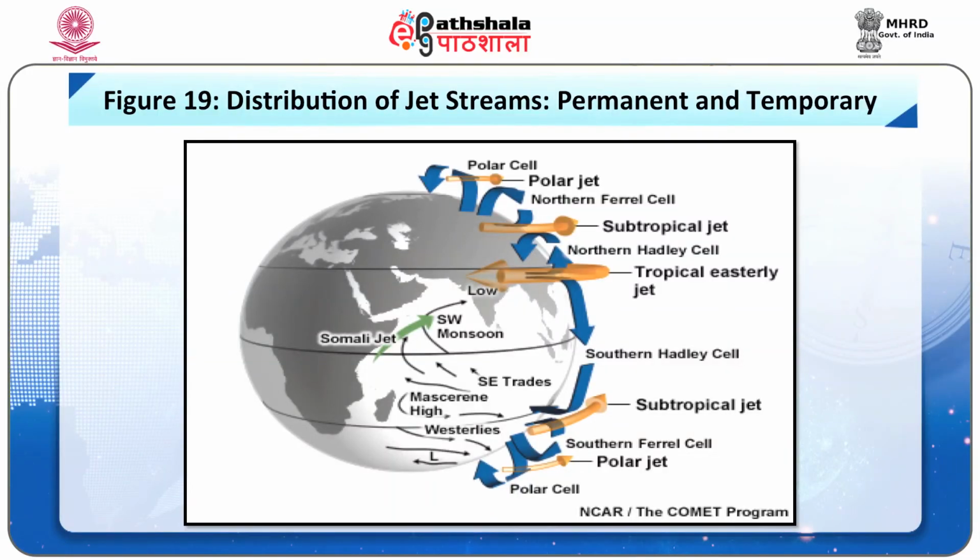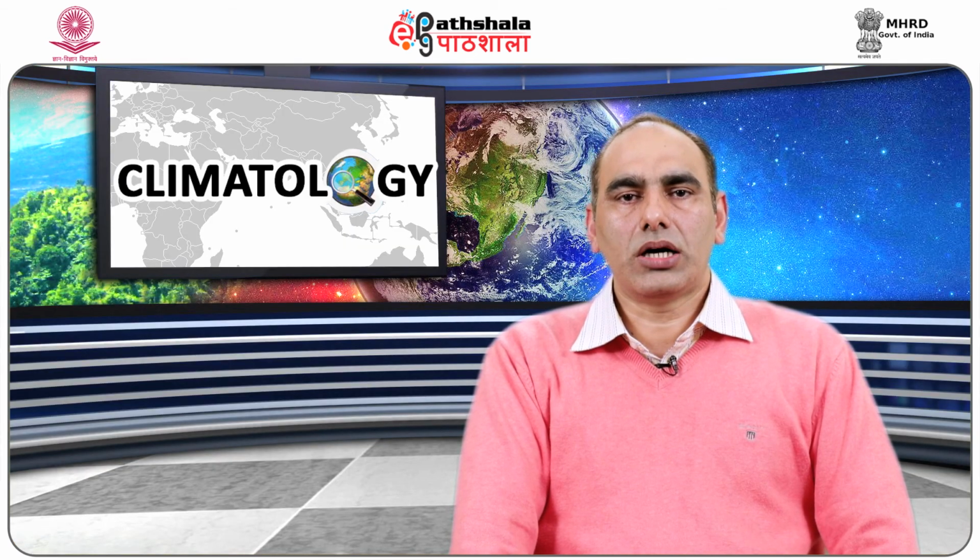Over the period of time, due to better data acquisition techniques, scholars have identified many local or regional jet streams of temporary nature. For instance, the Somali jet stream, which can be seen in figure 19. They originate due to local level thermal contrasts and dynamic changes in the upper troposphere. These have significance in influencing local weather conditions. Let us now come to the significance of jet streams.